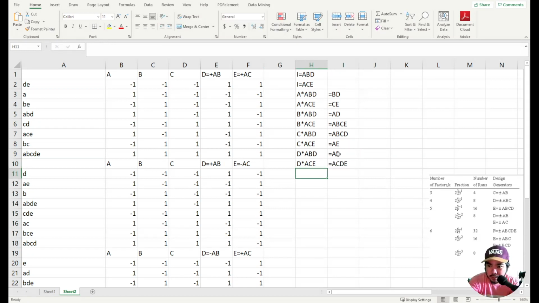Correct me if I'm wrong, class, if may na-spot kayong mali. Tapos ito, A times ABD. This now becomes ABDE. And lastly, E times ACE gives me AC. Okay, notice how each of the main factor is confounded with a 2-factor interaction, pati a 3-factor interaction.